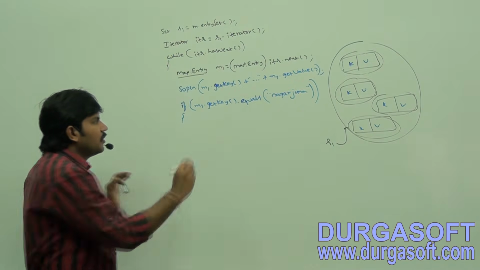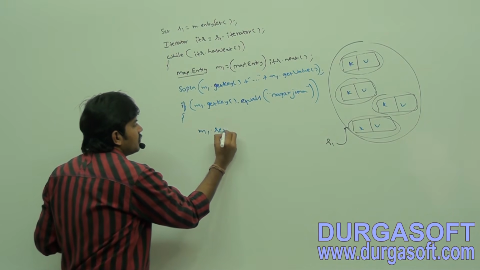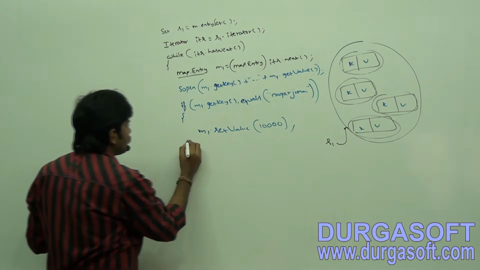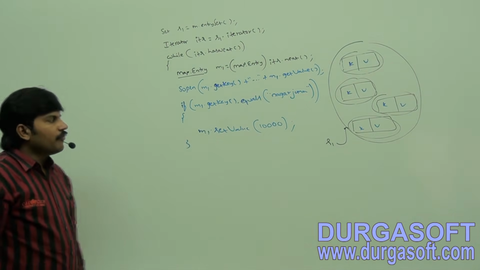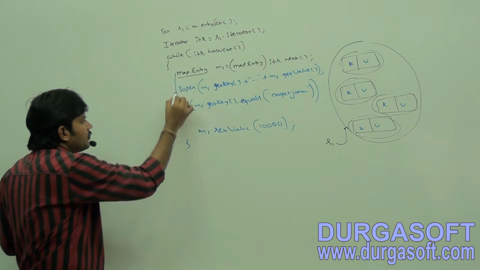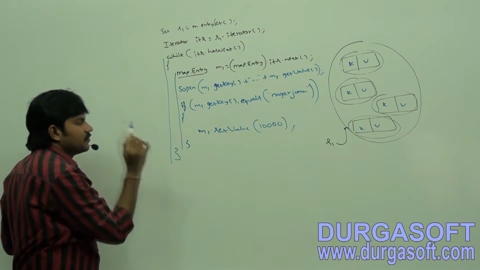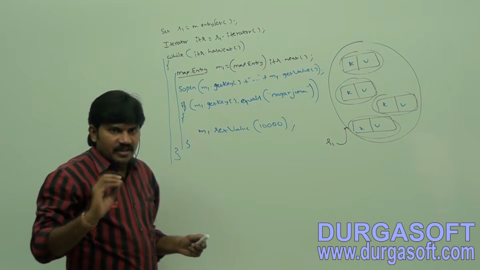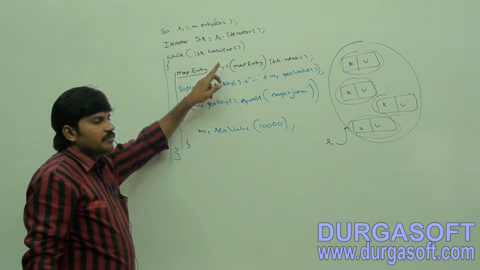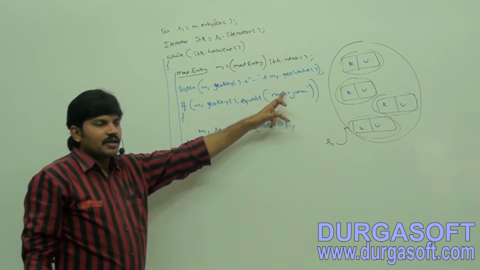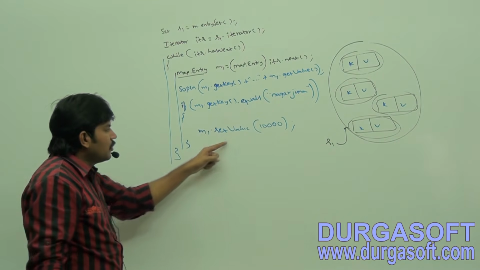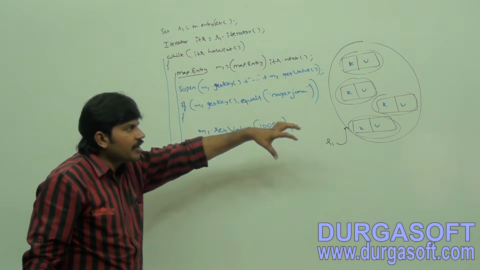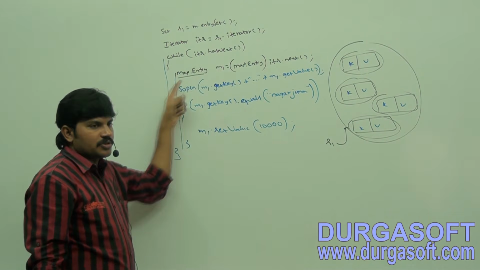Can you please change the value? m1.setValue(10000). m1.setValue with 10,000 by default we are going to get. Okay, end of this one. Are you getting it? Now you should be familiar with how to use entry methods also. Now I got the first entry's key and value. If the key is Nagarjuna, change its value to 10,000. Go for the next entry. Go for the next entry. Go for the next entry. For every entry object present in this set, this process will be repeated.